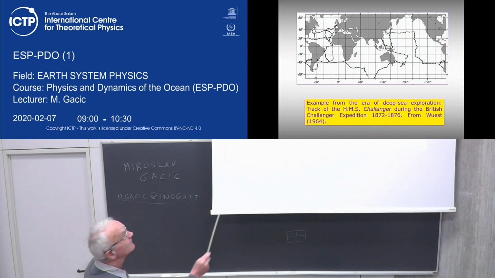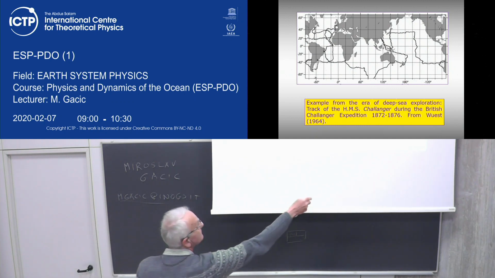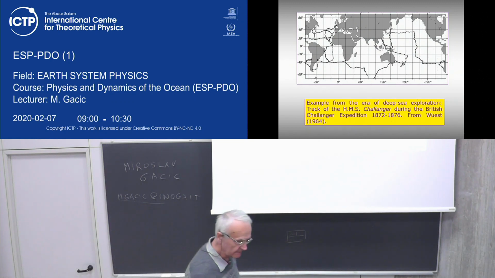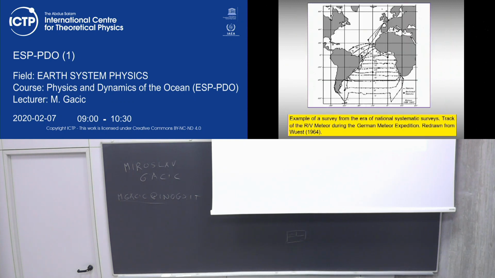The difference between measurements here and measurements there is 4 years. You cannot say these are simultaneous measurements. You have to make very heavy assumptions in order to interpret them as simultaneous. But these were the technical possibilities at that time.